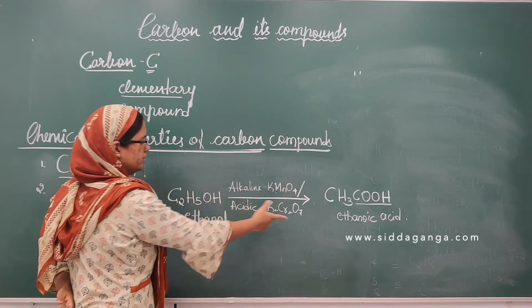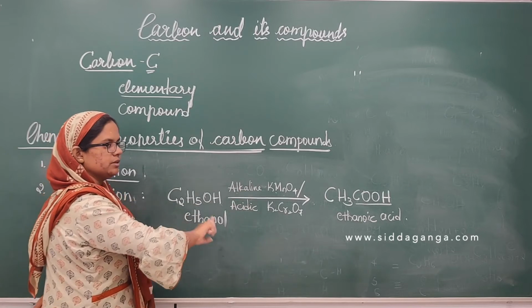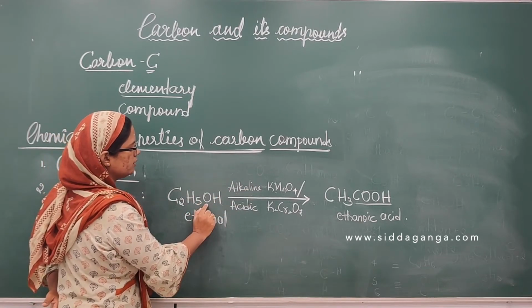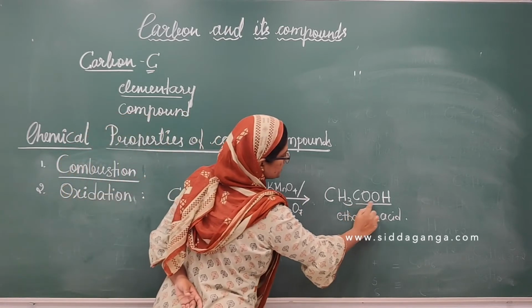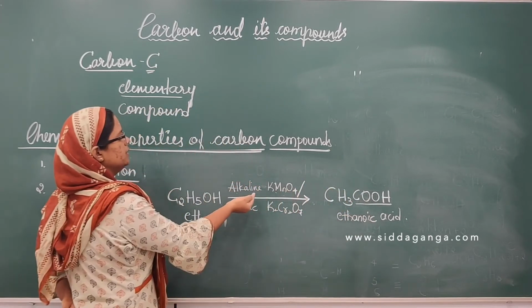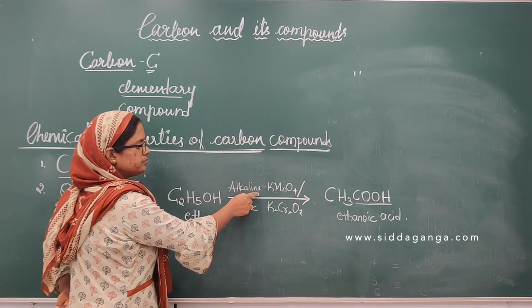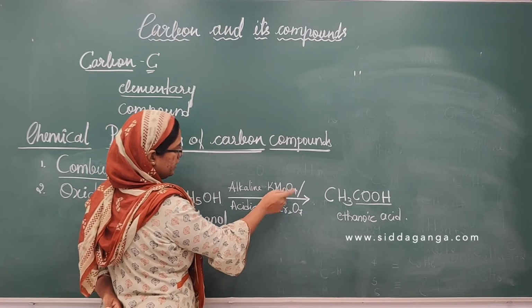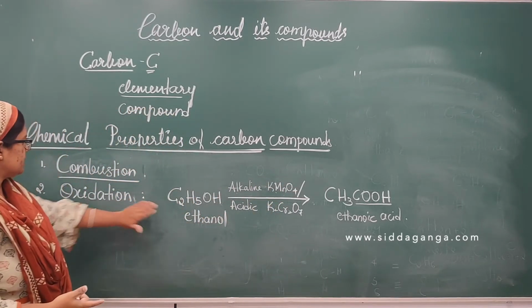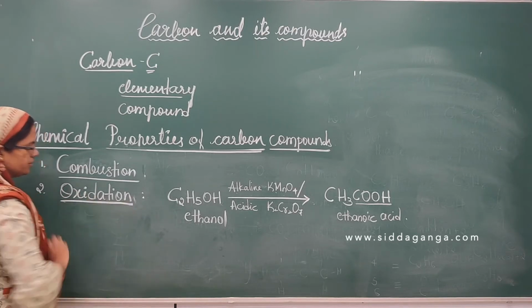If we take alkaline potassium permanganate, that releases more oxygen. Here only one oxygen is there, while in this compound we find two oxygens, and this one extra oxygen is available from potassium permanganate or potassium dichromate. So this is called oxidation.